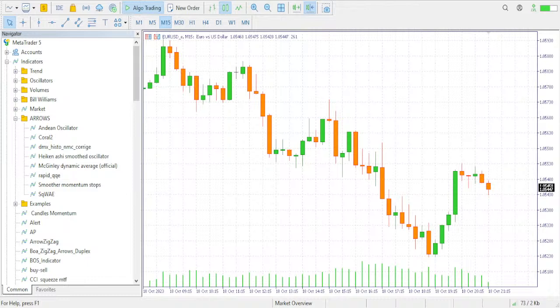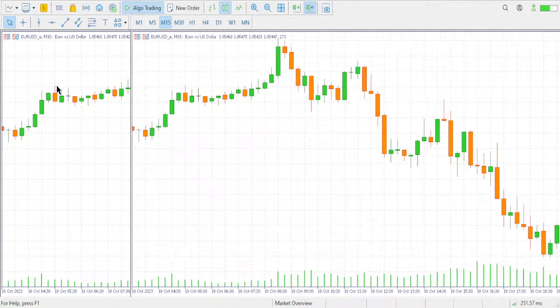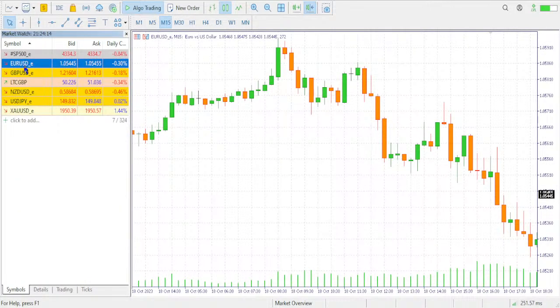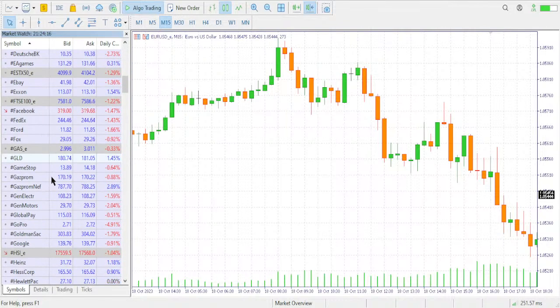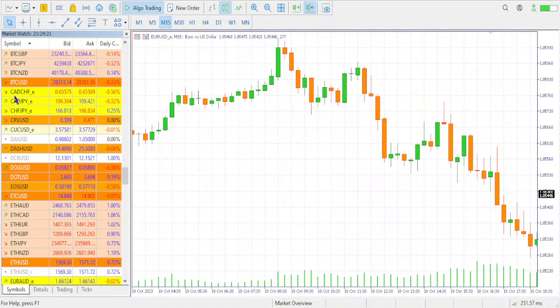So in my own definition, correlation is basically when several instruments having the same base currency or same quote currency suddenly begin to do the same thing. When you come here to the market, there is Euro USD, so all of them will have something like this. We have Canadian dollar versus Swiss franc. We have Canadian dollar versus Japanese yen, and then we have Swiss franc versus Japanese yen.